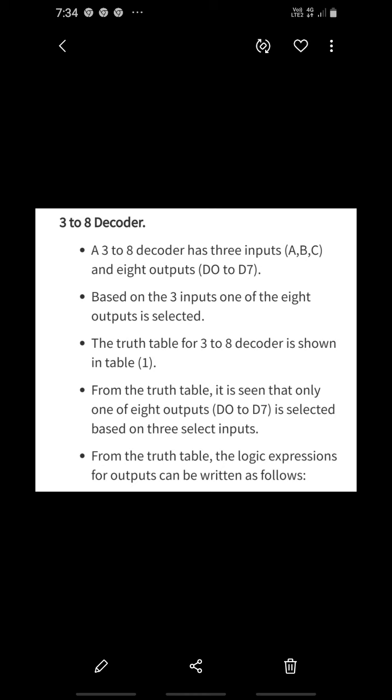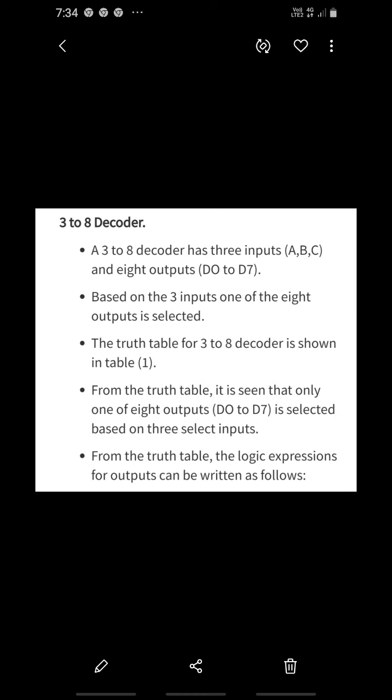So based on the 3 inputs, one of the 8 outputs is selected. The truth table of a 3 to 8 decoder is shown in the next PPT.